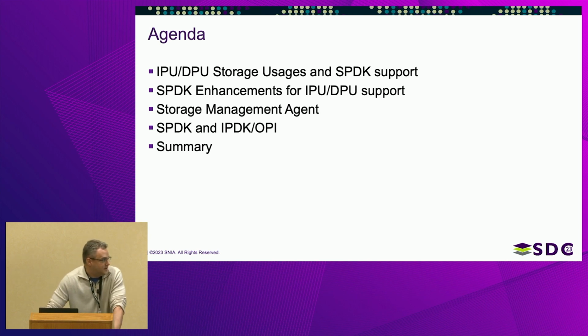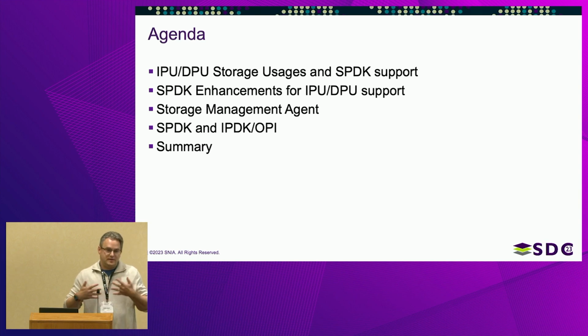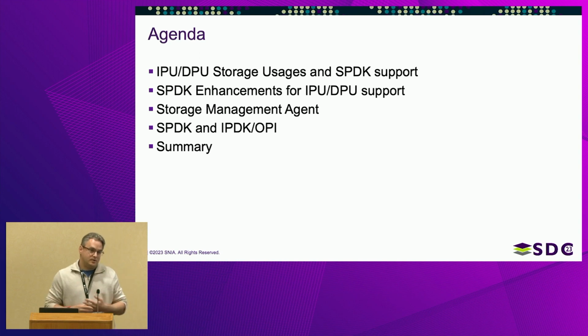We're going to talk about the SMA, which is an API used to configure things. It's very similar to the OPI storage API that we talked about in the previous session. And then we'll talk about how SPDK, IPDK, and OPI all fit together. It's a ton of acronyms, and it's super confusing, but these are all complementary pieces, and we'll give you the map of the world there.